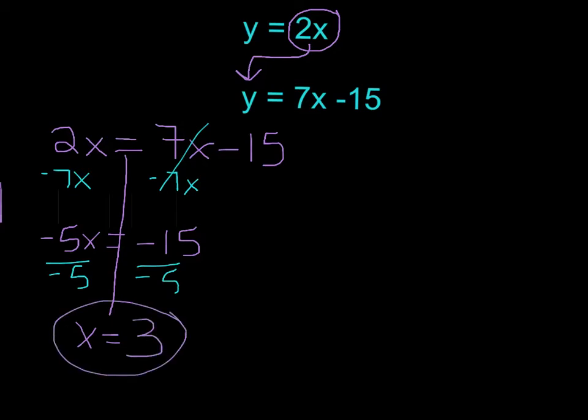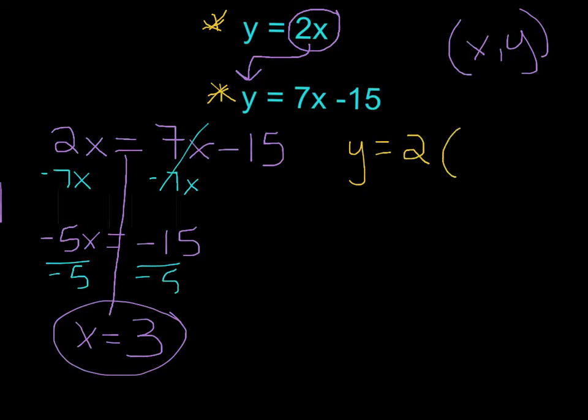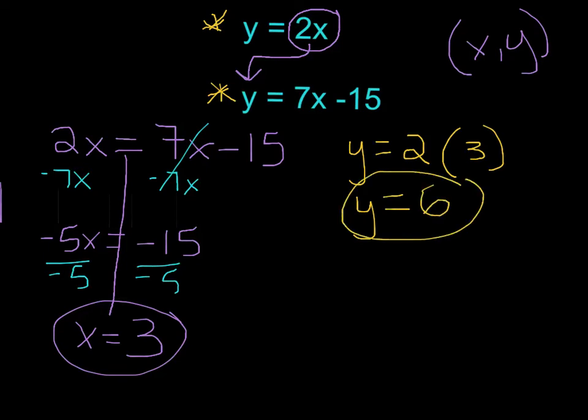But that's not our final solution, because every solution has an x and a y. So to find the y, you can choose either of the original equations, and it doesn't matter, and you're going to plug in 3 for x. If we choose the top one, y equals 2x, but x equals 3, 2 times 3 is y equals 6. And for this first example, I'm going to show you in both equations so you can see how it works for both.